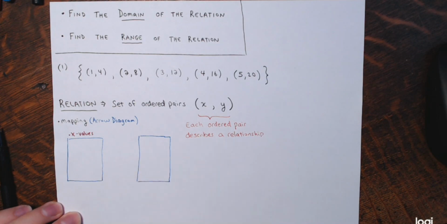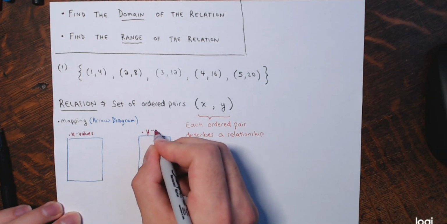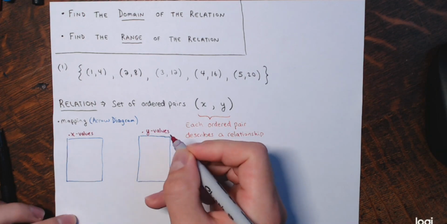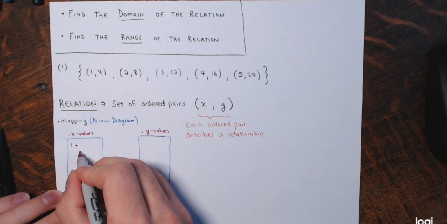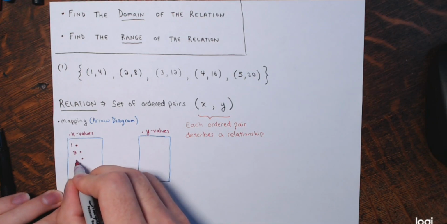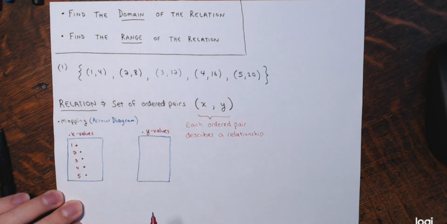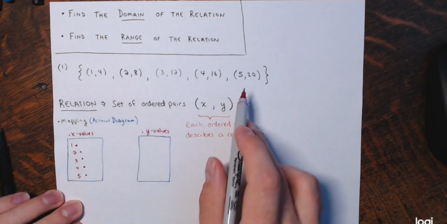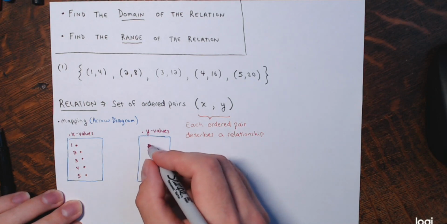In the box on the right, all the second coordinates, or all the y values. So the x values, you've got 1, 2, 3, 4, and 5. Those are the x coordinates, all the first coordinates of this set of ordered pairs. And then all the y values, the second coordinates.